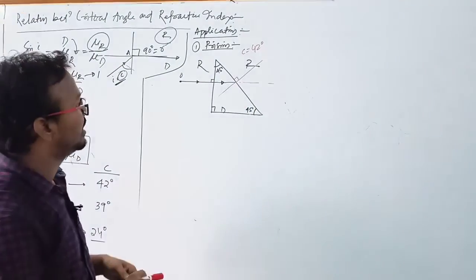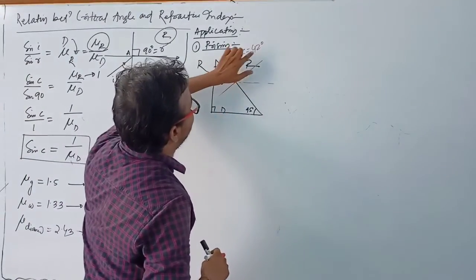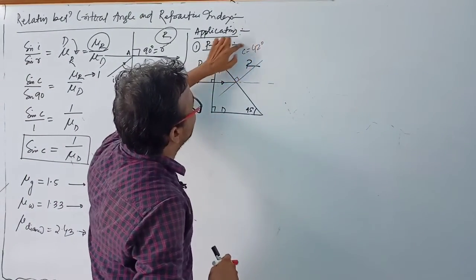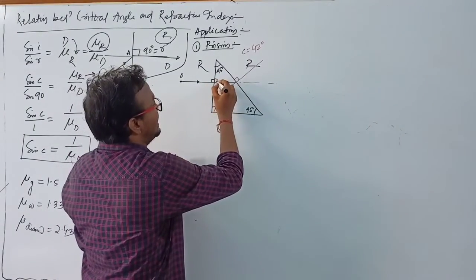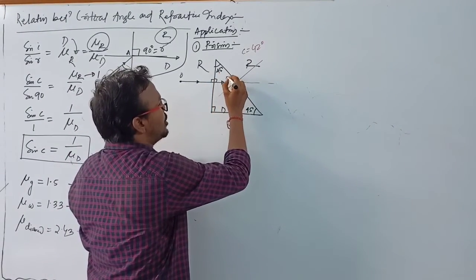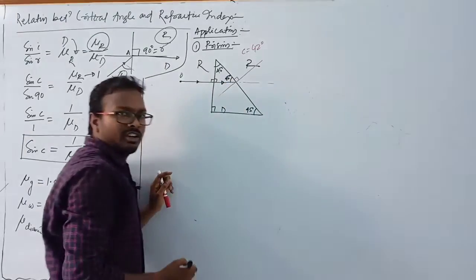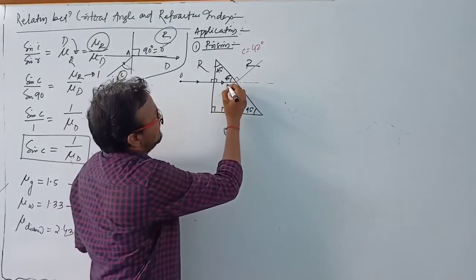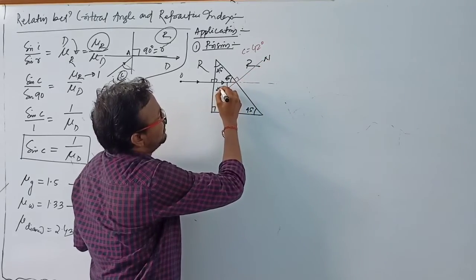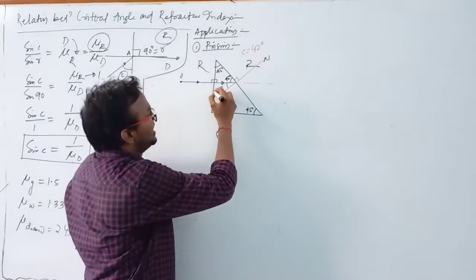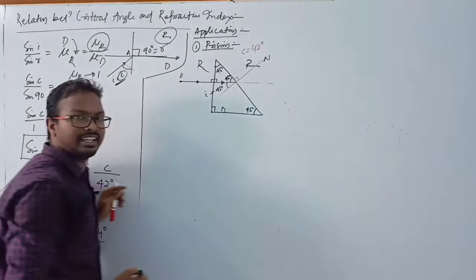We already know the critical angle is 42 degrees, and this angle is 90 degrees, and this angle is 45, so this angle must be 45 degrees. But what is the angle of incidence here? Since this is the normal, this angle is 45 degrees, so the angle of incidence is 45 degrees.